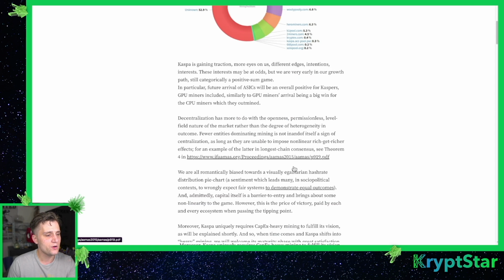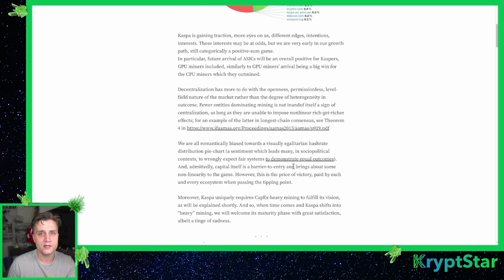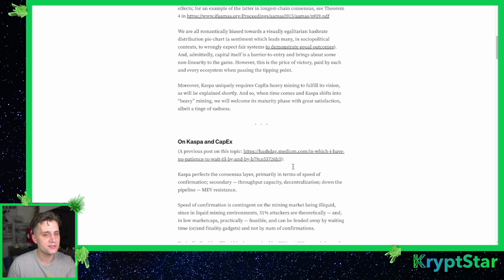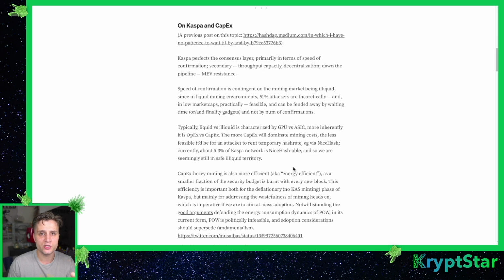He takes a focus on moving from ASICs to another sort of optical proof of work, which is basically like taking the CapEx expenditures you'd have to spend on ASIC miners. It's going to still cost a lot to buy this technology, but it's going to be much more energy efficient.